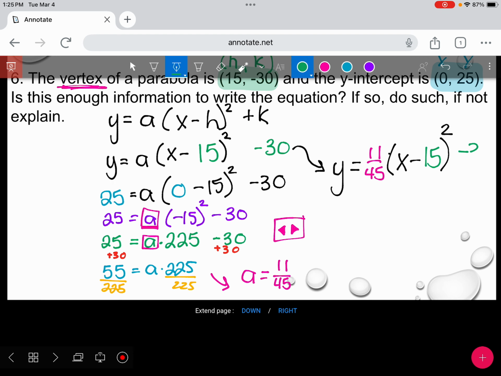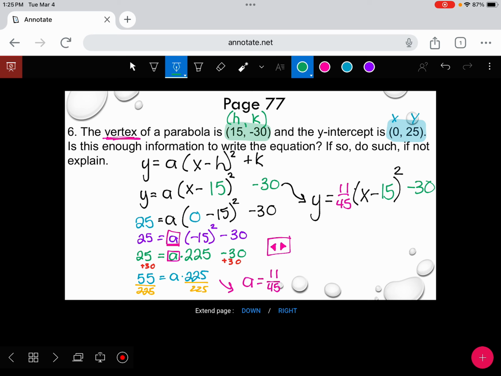So we can take some points and we can use them to figure out how to write these equations. We don't have to know equations to be able to write equations. We can take pieces that we find, be it points we're given, intercepts, roots, vertexes, whatever. We can use them to create equations. So sometimes we'll be given information in a story, sometimes we'll just be given points.